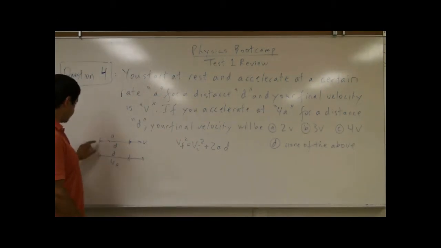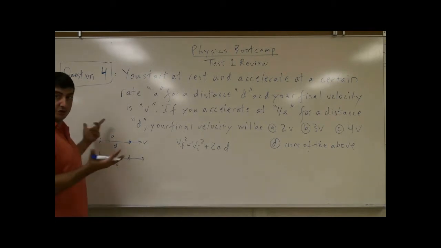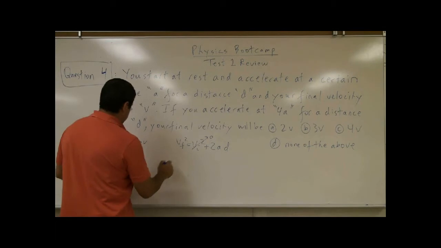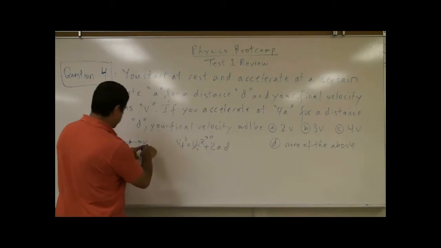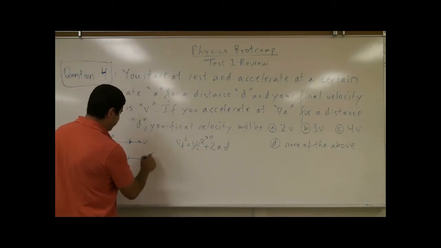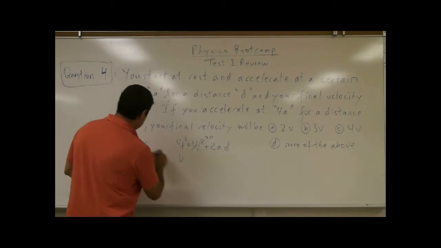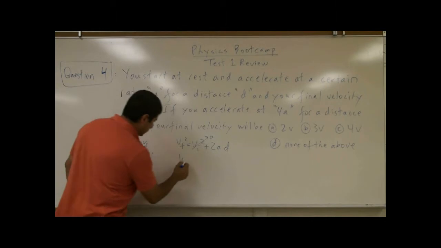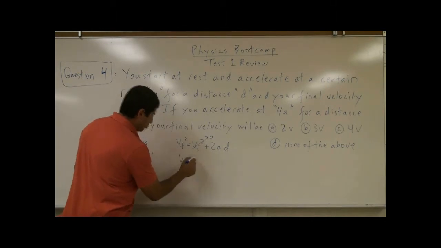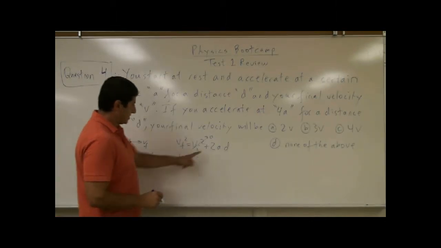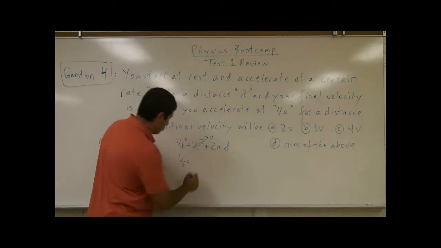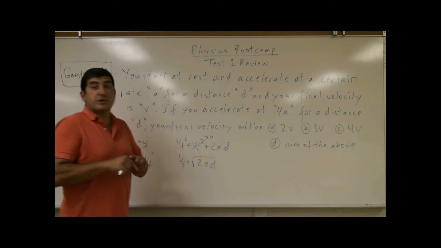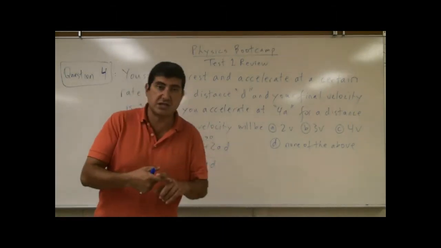So, if the initial velocity in both cases was 0, which it was in this case, then the final velocity, we'll call this v and then we'll call this v prime. So the v final and v final prime. So v final is equal to what? Well, since the initial velocity is 0, it's just the square root of 2ad.